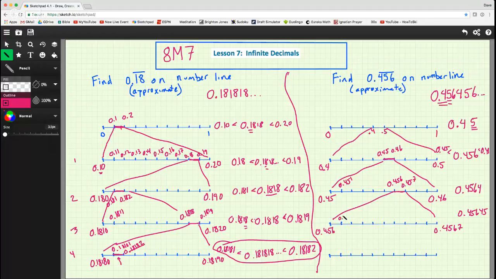This is 0.4561, 62, 63, 64. 0.456. 0.4564. Sorry, 5.